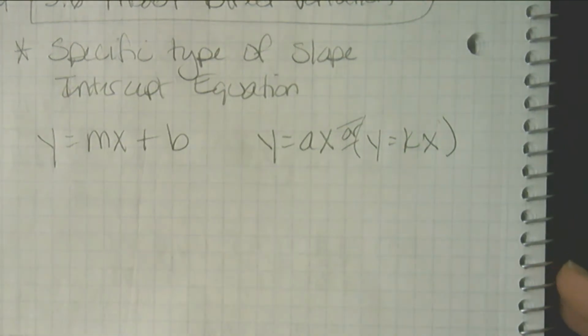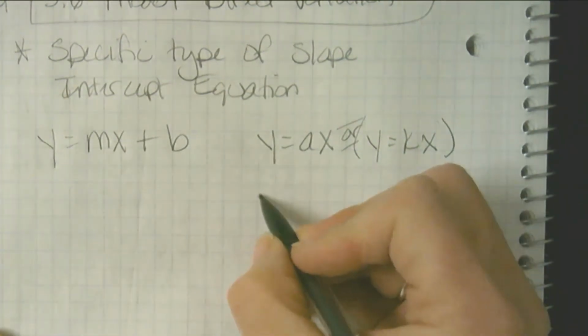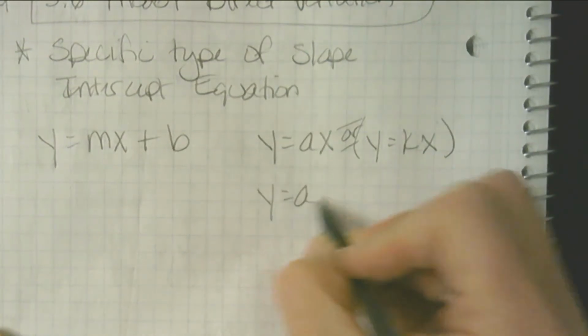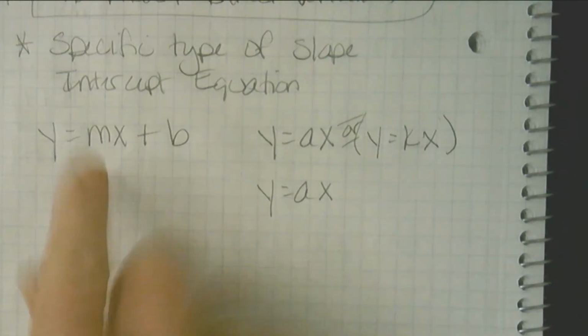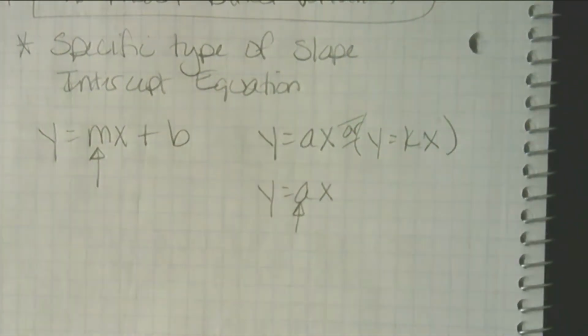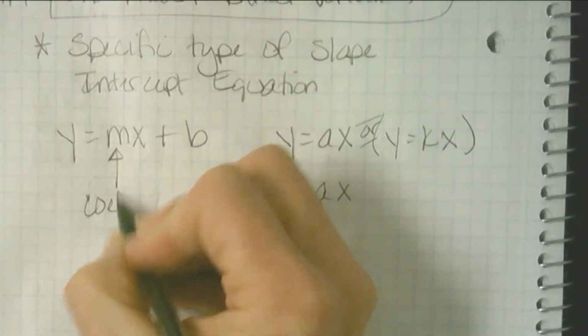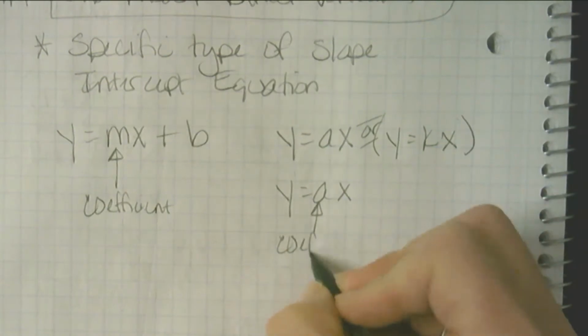Now, visually, if we compare these, let me rewrite this so there's something next to it. Nothing's next to it. We have a coefficient of our x. I'm going to get back to that in a second. So we have a coefficient to our x.